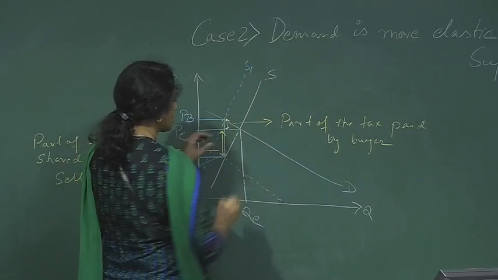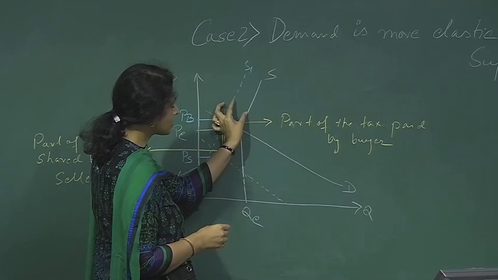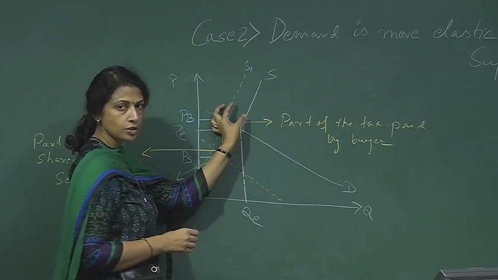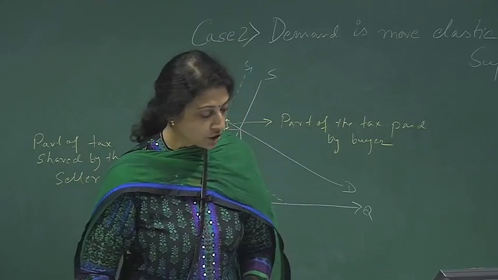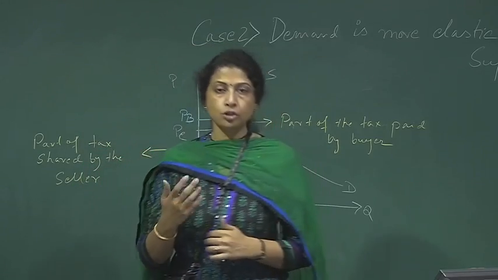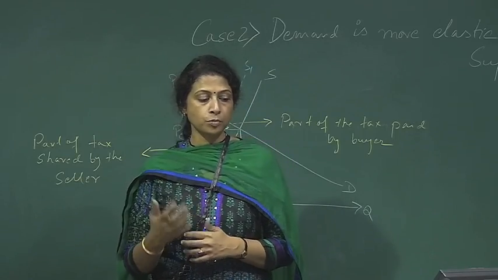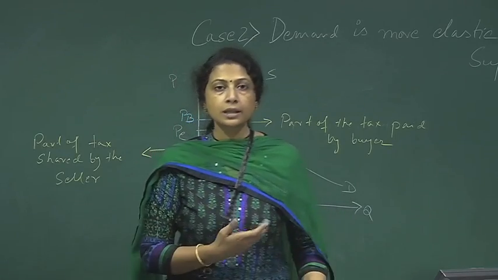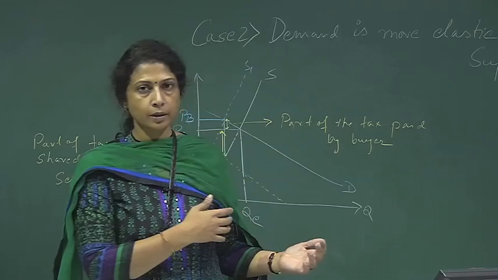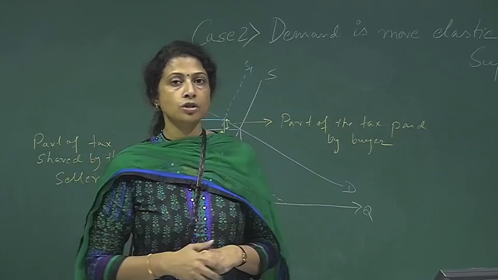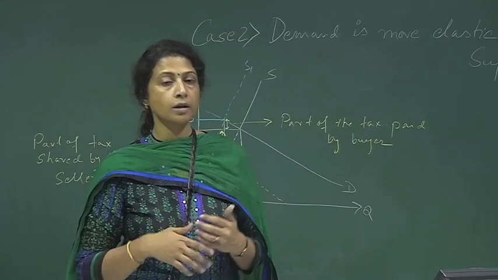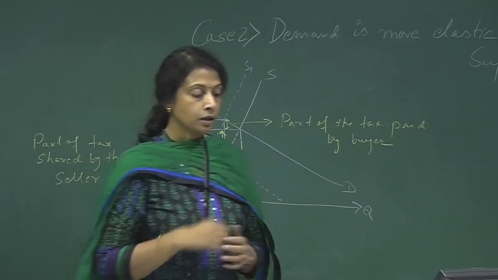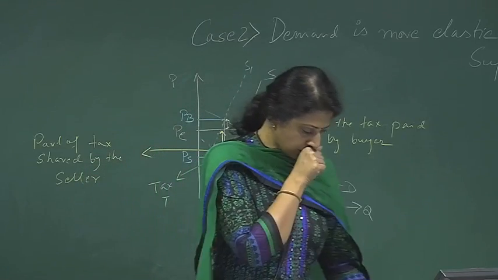We can clearly see that the shift in the supply curve is also very small, which is happening because supply is probably inflexible, at least in the short run, or in the given circumstances supply does not adjust so easily, so the supplier is willing to bear a major part of the tax rather than the buyers.